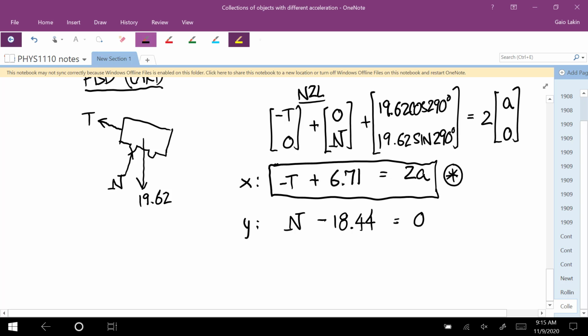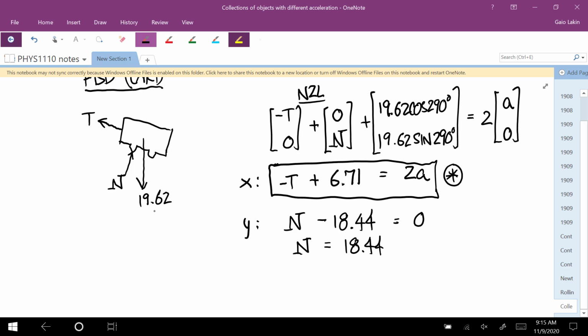And so if you calculated that normal force, you'd get a normal force of 18.44 newtons, which is not the same as the weight of this cart. The weight is 19.62. So those normal forces, you can't just assume that those are going to be equal to the weight. You always have to calculate them if you want them.